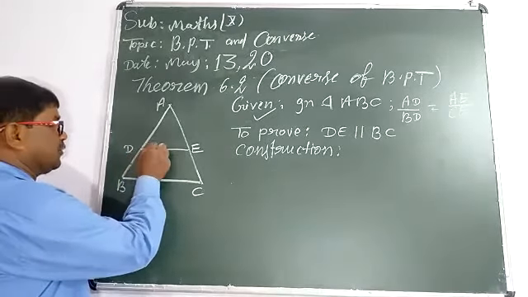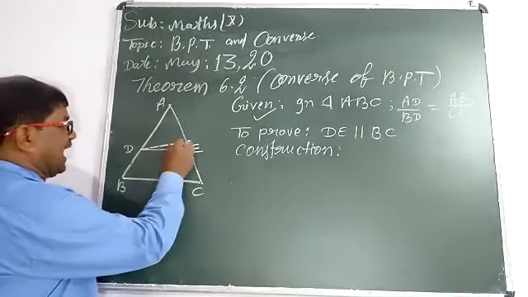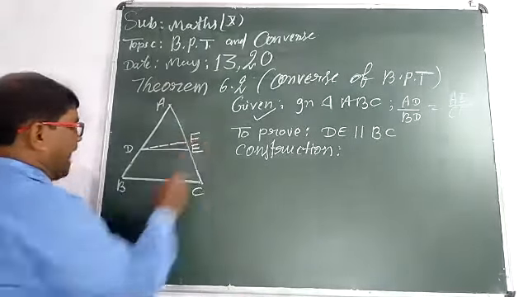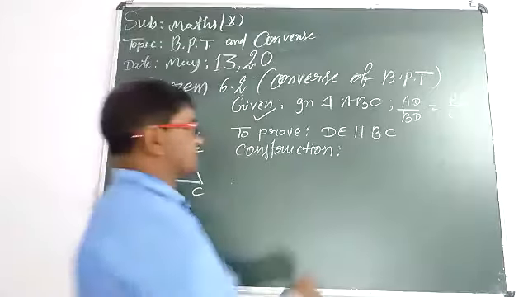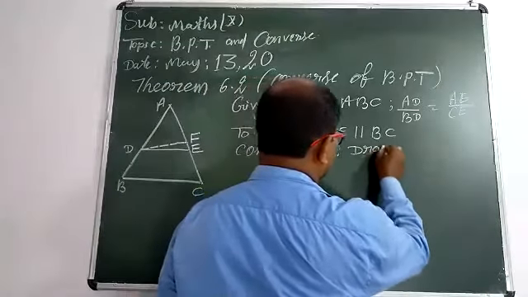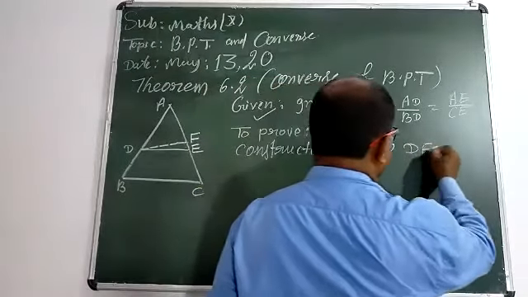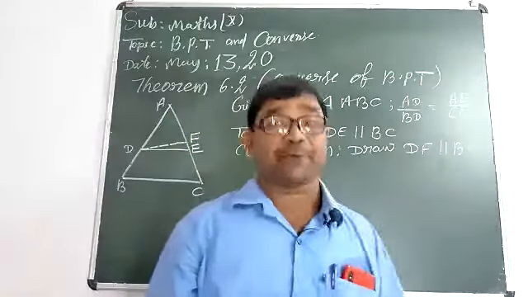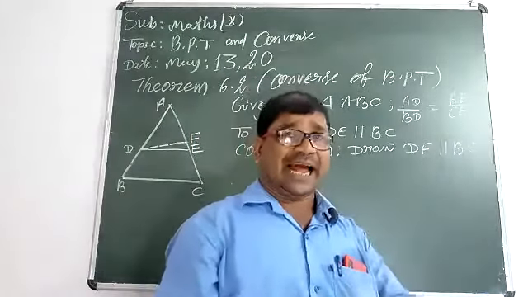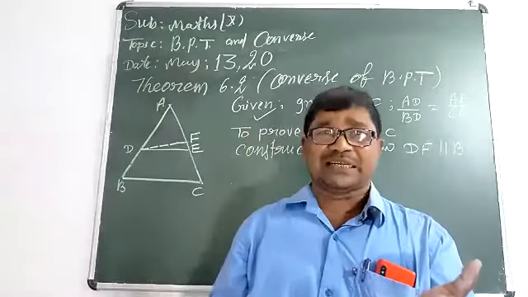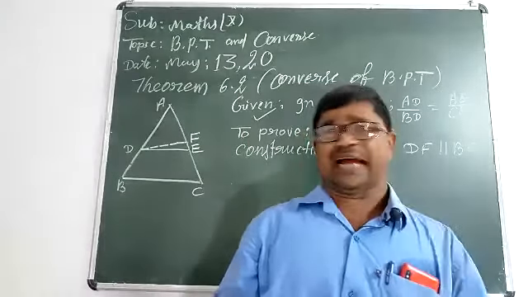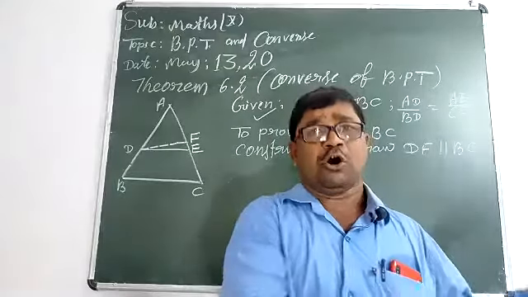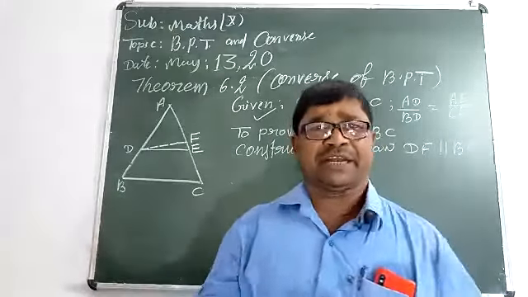Suppose that we are drawing DF parallel to BC. Construction. DF parallel to BC, because we are going to take help from BPT. In a triangle, if another line segment is given that is not parallel to any one side of the triangle, we can't take help from BPT.